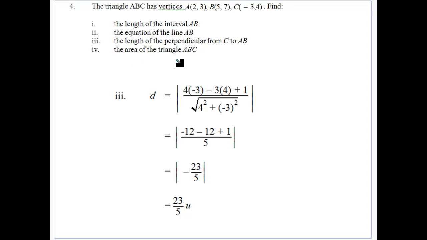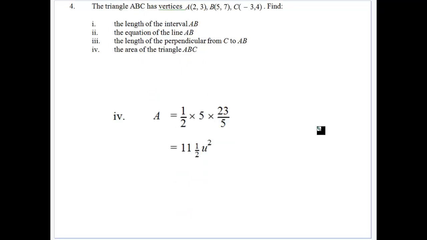Now we want to find the area of the triangle ABC. So what we've just done, we've got our triangle ABC. We just do a quick sketch. That's A, which is (2, 3). It's not very much to scale, but that's okay. B is (5, 7), and C is (-3, 4).